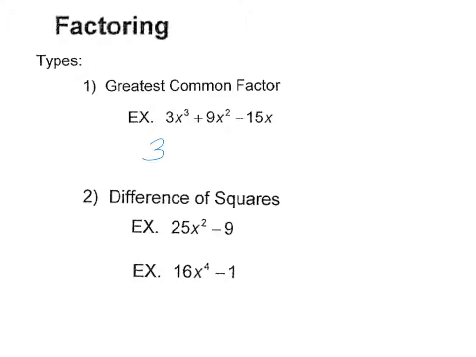Every term has an x, so I can divide that out. So now I'm dividing every term by 3x. It's sort of like the distributive property in reverse. So the 3x is out front, and when I divide, I'll be left with x squared plus 3x minus 5.